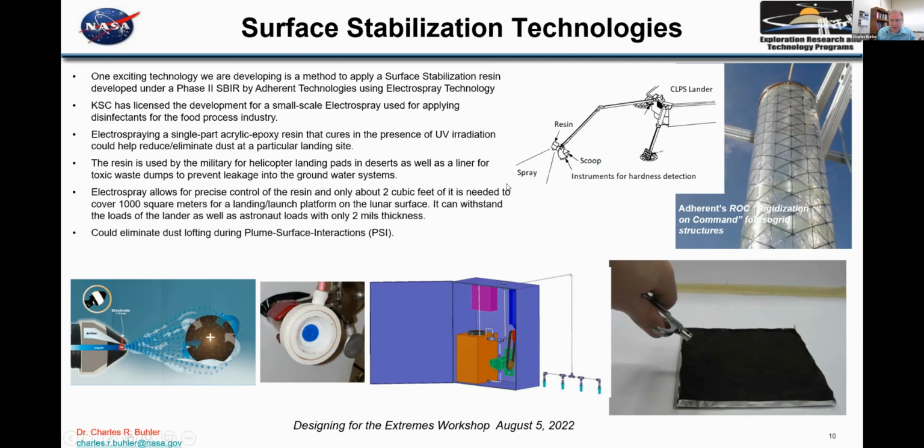What's nice about this spray is we can actually make it conductive. For 2 cubic feet by volume of this liquid, we can do roughly 1,000 square meters. So a 1,000 square meter landing pad with 2 cubic feet, which is fantastic. If that's conductive, then that can be a large enough structure to have the capacitance needed for a grounding surface.